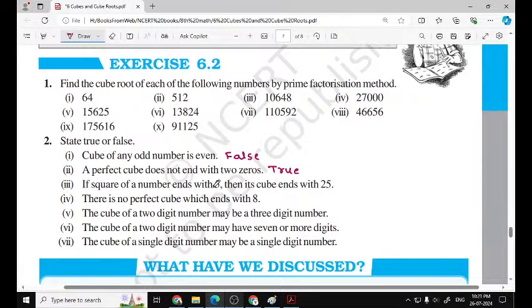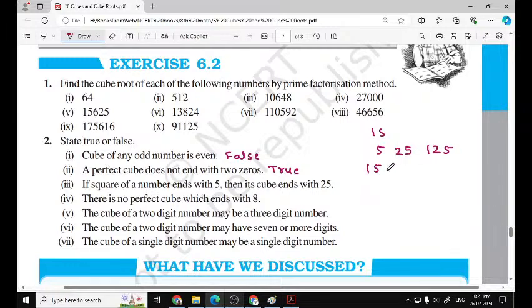If a square of number ends with 5, then its cube ends with 25. Let us check this. Square of a number ends with 5. Let us consider 5. Square is 25 and cube is 125.